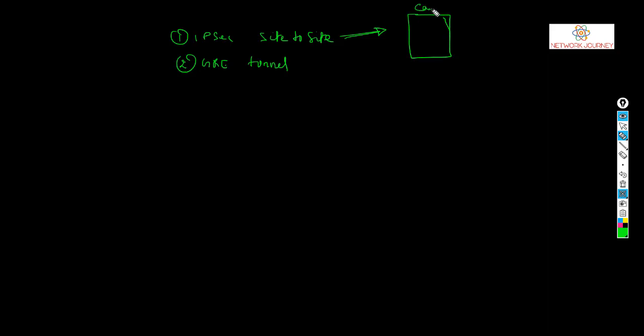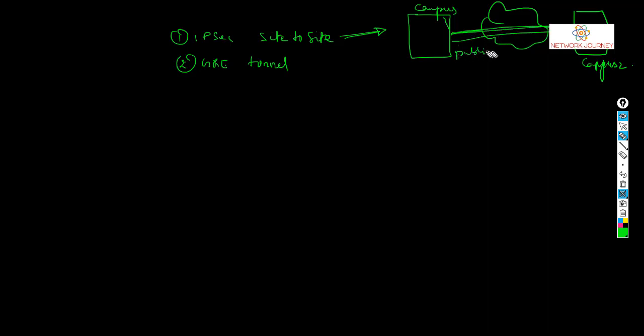Okay, so what all VPNs did we cover so far? First, IPsec, which is site to site. We also covered something called a GRE tunnel, and we know how they perform. So basically, if you want to connect two sites or two data centers or two campuses over the internet, we make use of a public IP on both sides.